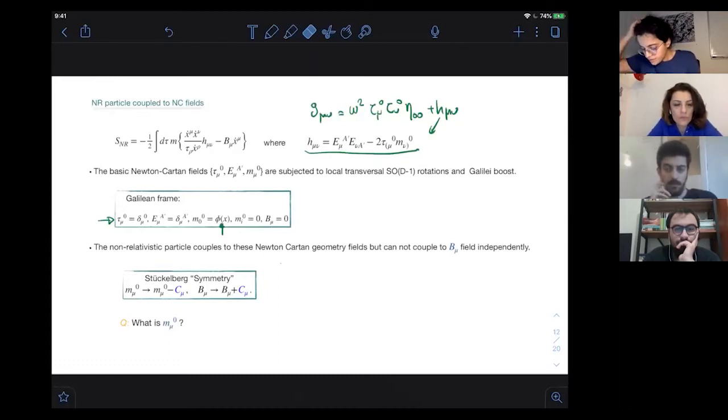But one important observation is that a non-relativistic particle couples to these Newton-Cartan geometry fields, but cannot couple to the B_mu field independently. The reason is that if you just plug H_mu into this action, you would get something like that.